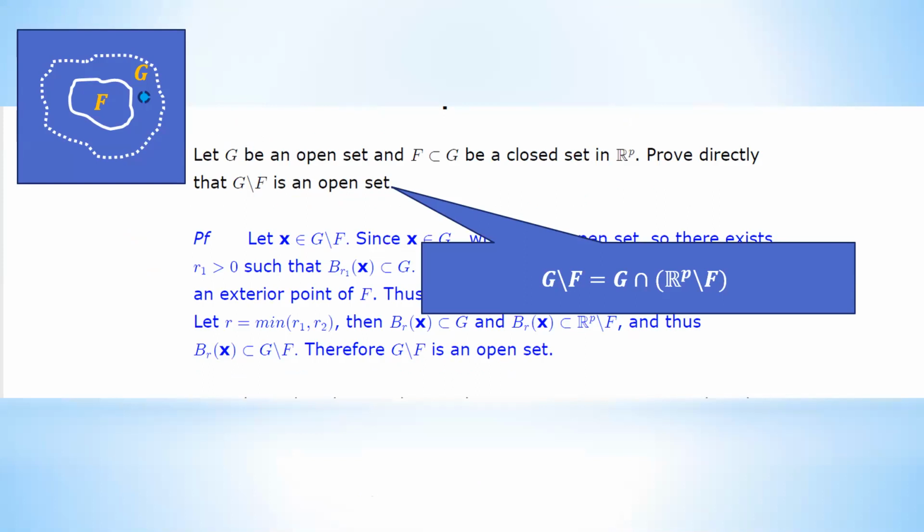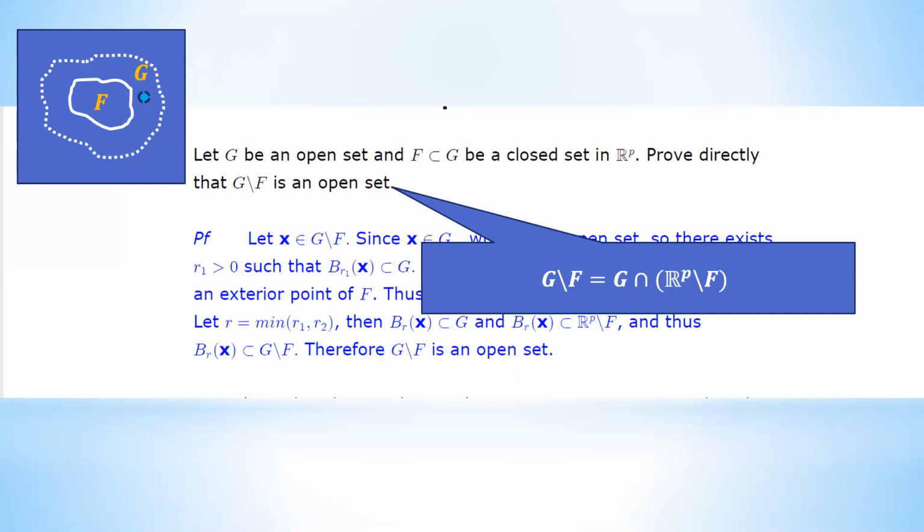One is the local way. That means you argue about individual points to see whether the point is an interior point or not. But there's also a global way. The global way is to use the global open and closed set properties.